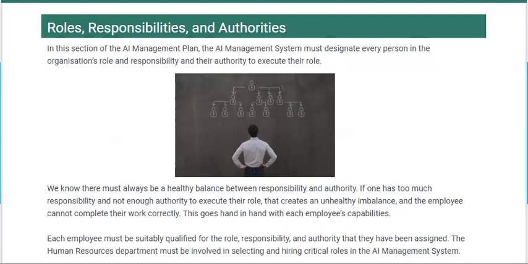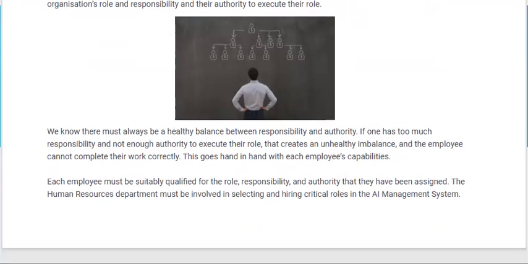This goes hand in hand with each employee's capabilities. Each employee must be suitably qualified for the role, responsibility, and authority that they have been assigned. The Human Resources Department must be involved in selecting and hiring critical roles in the AI management system.